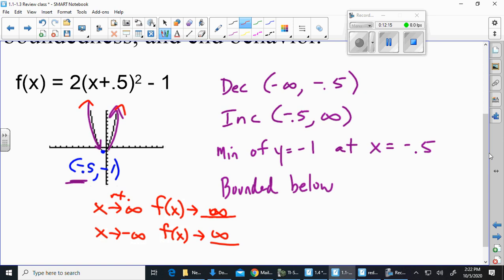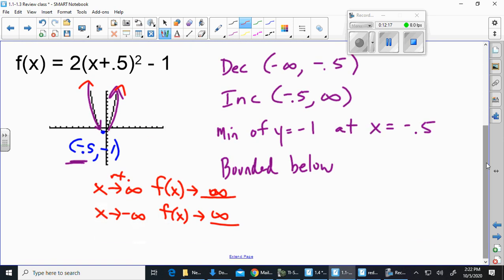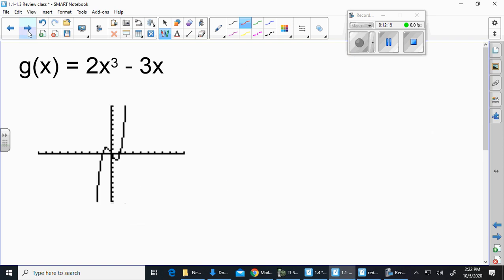If I gave you the next one, same questions. I'm just going to make these points up because I don't know them. 0.5, let's say negative 1. It's not what they are. Negative 0.5, positive 1. So things I could say. Increasing, decreasing, left to right.